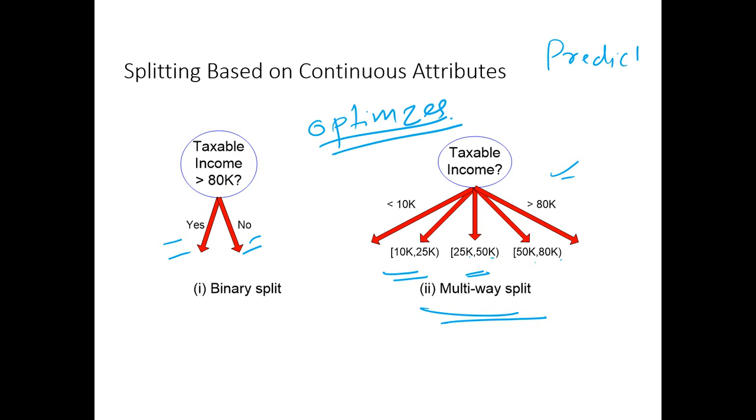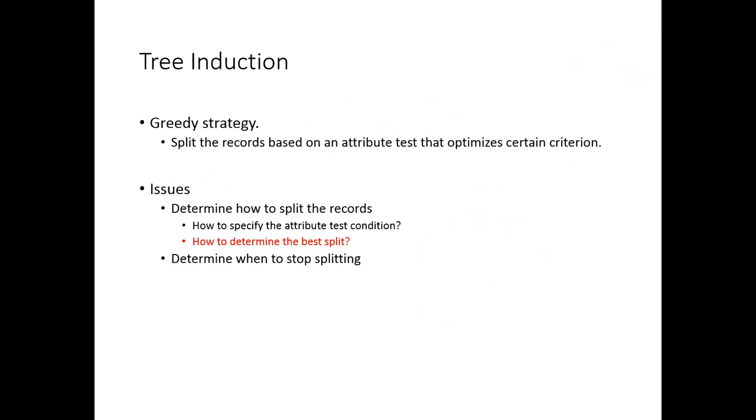If somebody is going to cheat, your model should be able to provide that information beforehand, given his income, his marital status and refund status. So that's the idea. The split will happen based on this end result, or this objective. So how to determine the best split? We have seen how to do splits, but how to determine the best split?